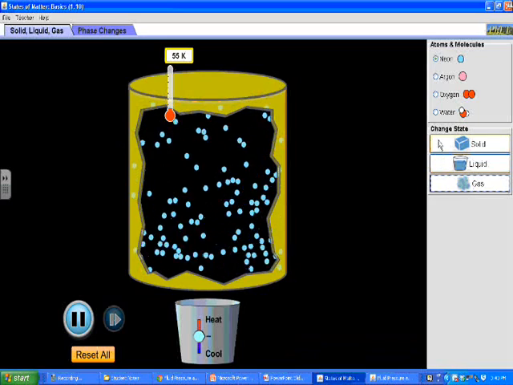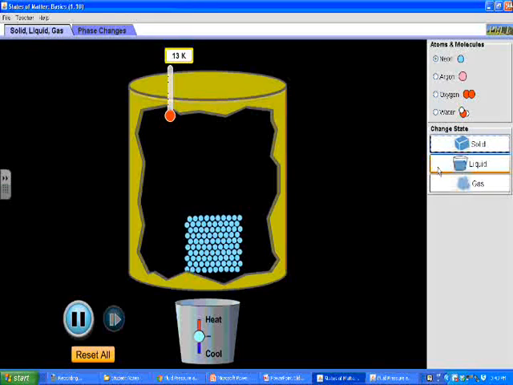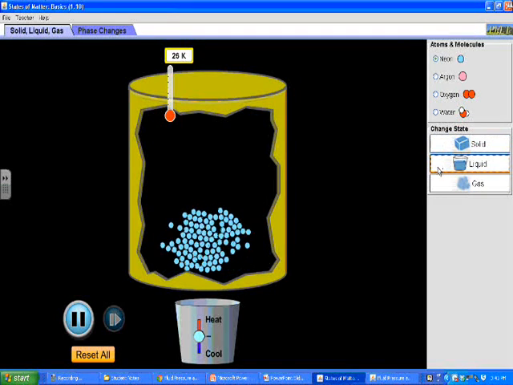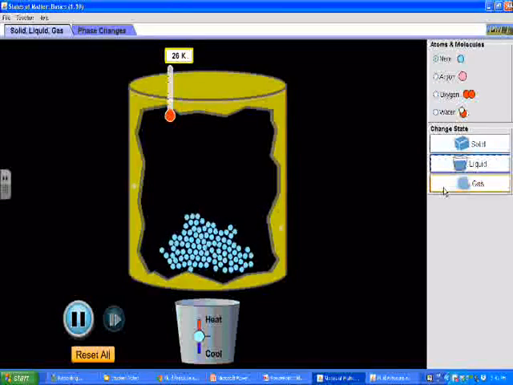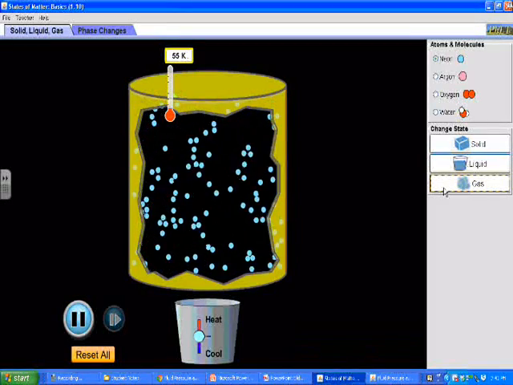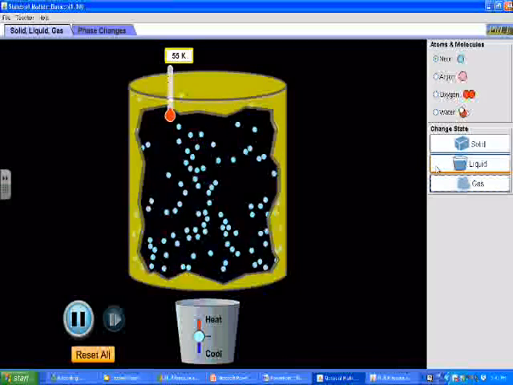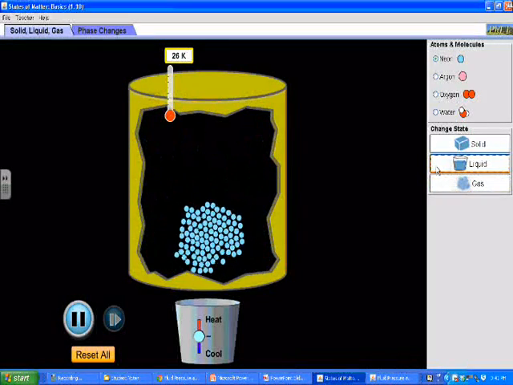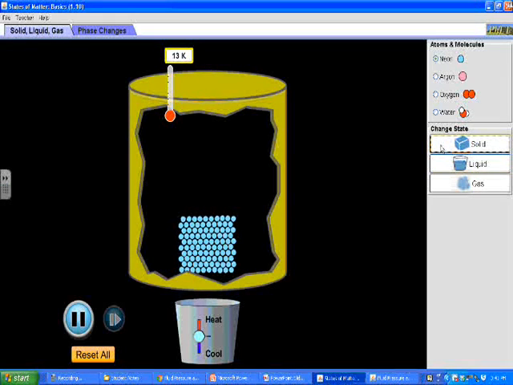So we go from a solid, which they're vibrating so slowly that we're not going to be able to see them in a solid object, to a liquid where they have a little bit more space in between the particles and they move a little bit more, to a gas where they're moving very fast. Now, if you'll notice, at a gas, we're at 55 Kelvin for the temperature. We were at 26 Kelvin for liquid, and we're at 13 Kelvin for solid.